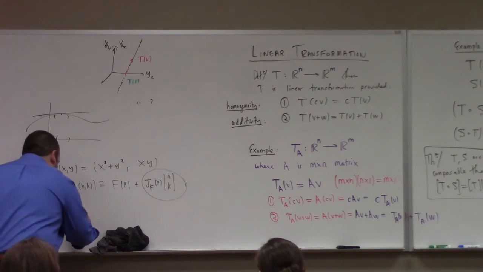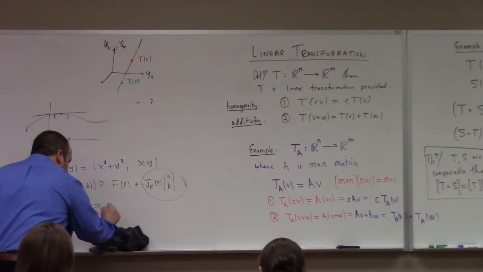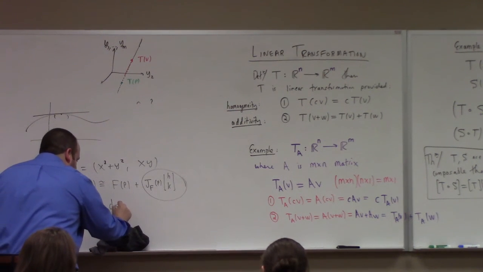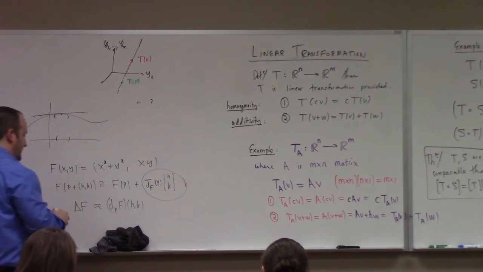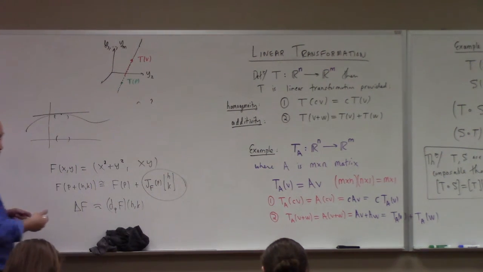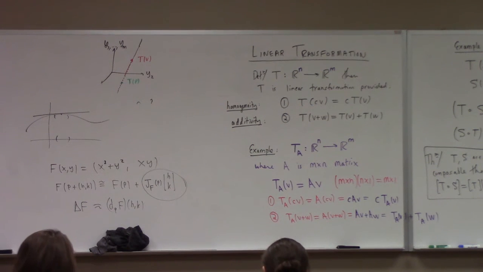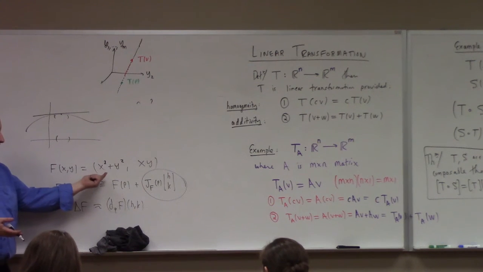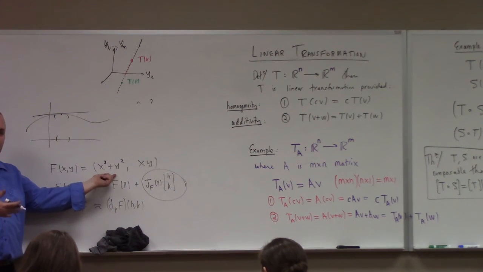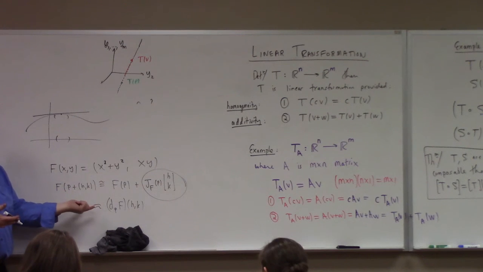If you want, I could say that the change in f we can approximate by the differential at the point p acting on this (h, k). So this differential is a linear transformation. The linear transformation gives me the best approximation to the change in the function at the point. And so I can give you linearizations of functions of several variables just using matrix multiplication.